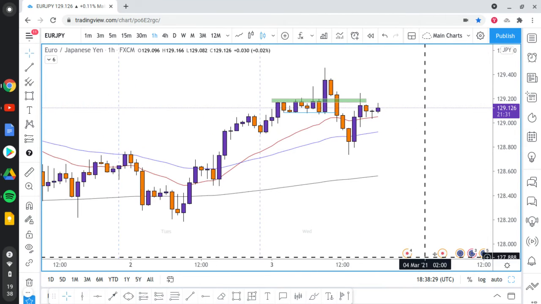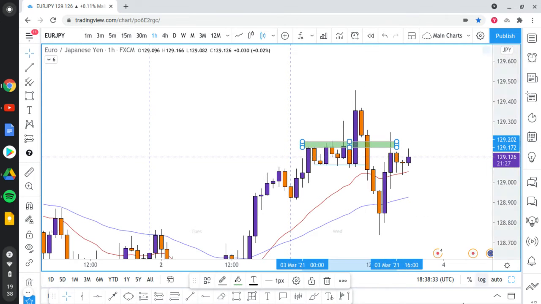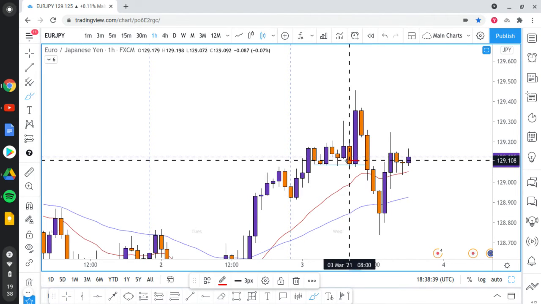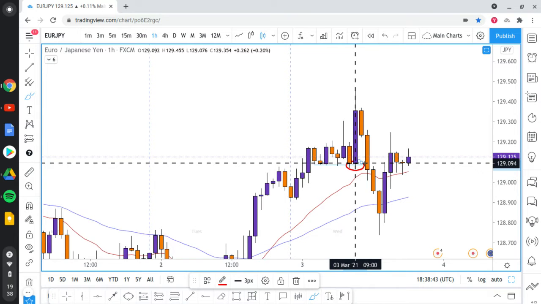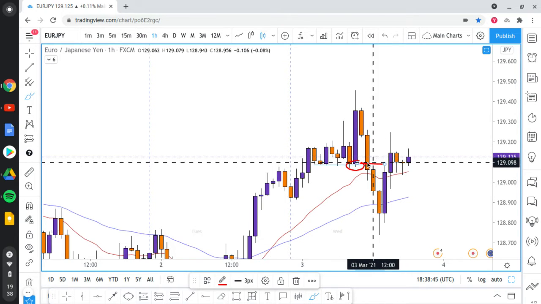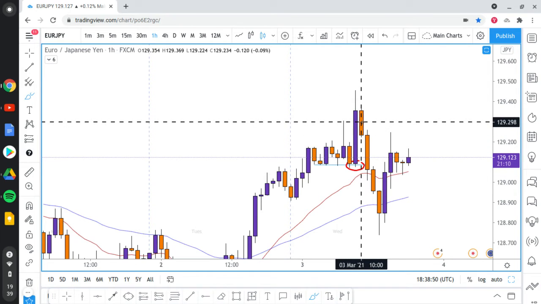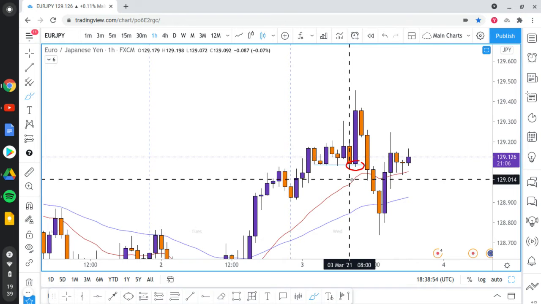So the support that I'm talking about is this blue line that was created here. I entered at the lows of this area here, basically on price, because at the time we were below the lows of this 1 hour candle.